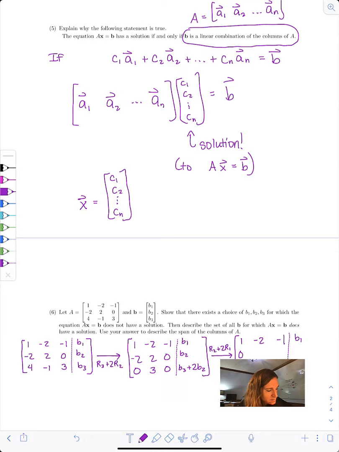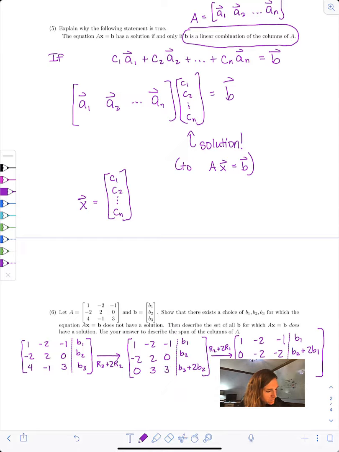So that's 2 times negative 2 is negative 4 plus 2, it's negative 2, negative 2. And then this is b2 plus 2 times b1. And then I messed up on row 3 because we had 3 plus 0, so that should have been a 3.